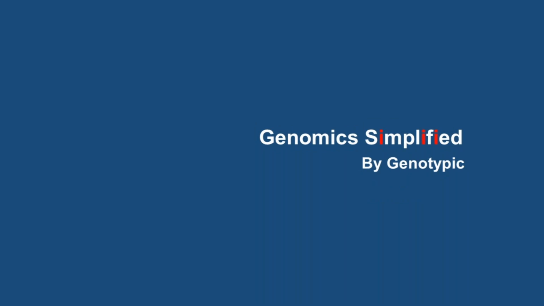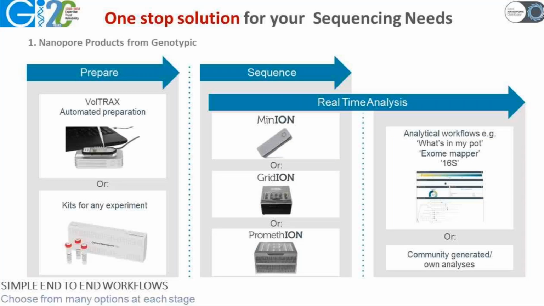So as you can see, there's a big advantage to using this technology, and Genotypic has made it much simpler so that anybody can adapt and easily start using it.